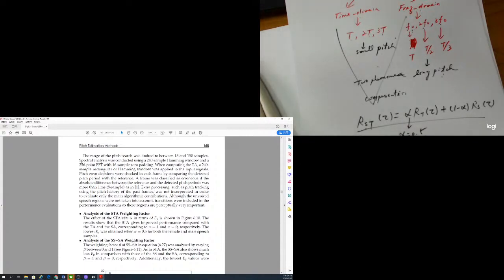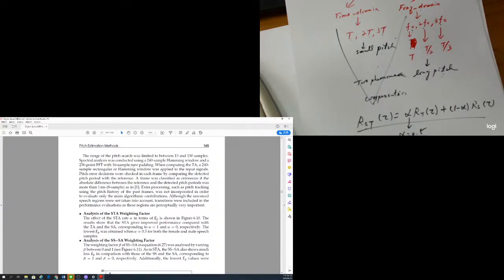Another issue, because we are trying to find a pitch: the pitch range. Here it is 15 to 150. In the previous section, they were talking about around 16 to 160. Spectral analysis is conducted with a 240 Hamming window.